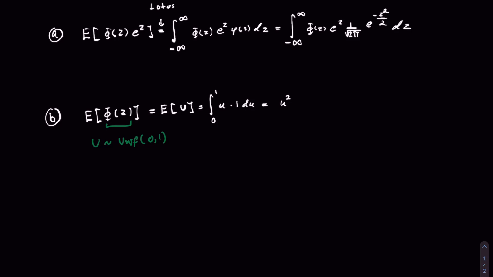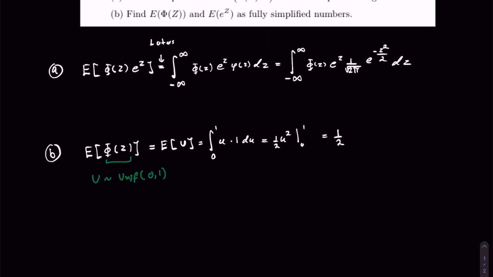This gives us just simple algebraic manipulation in terms of finding the integral, and then this turns into half. All right, so that's the expected value of this expression here. And notice that it actually doesn't matter what you put in here, as long as it transforms to the uniform 0, 1, it will always be half.